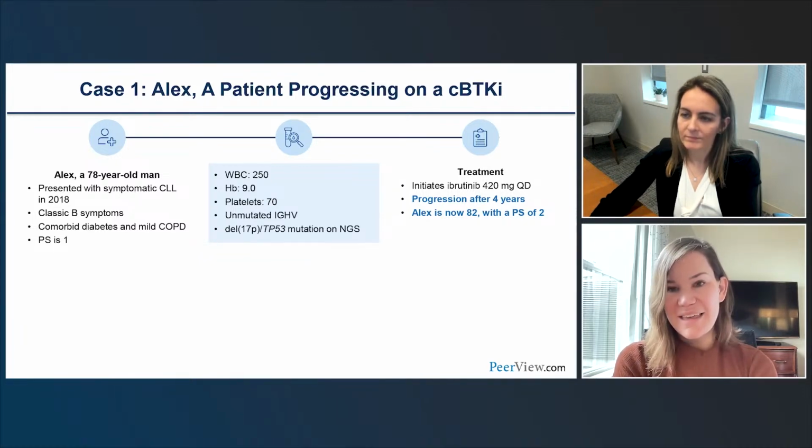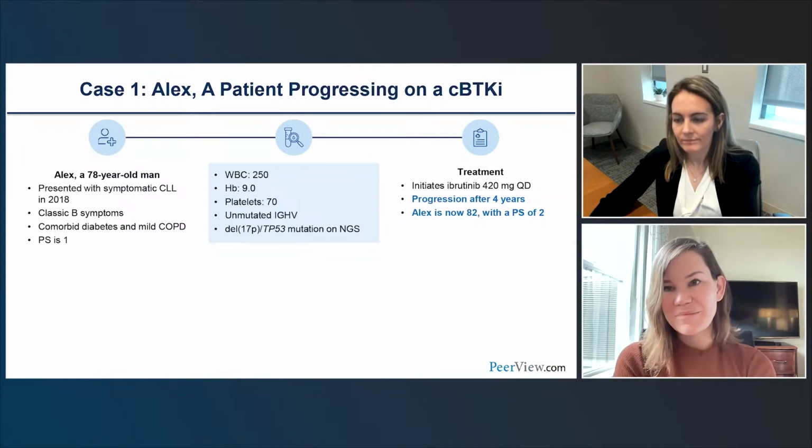I think the FDA label and our current evidence supports venetoclax-based therapies, but I am thankful that we also have an additional option with pirtobrutinib, which could be in his future as well, if he is a healthy 82-year-old and may have another 10 years of life ahead of him.